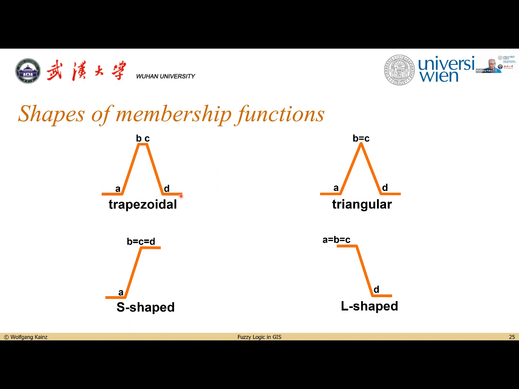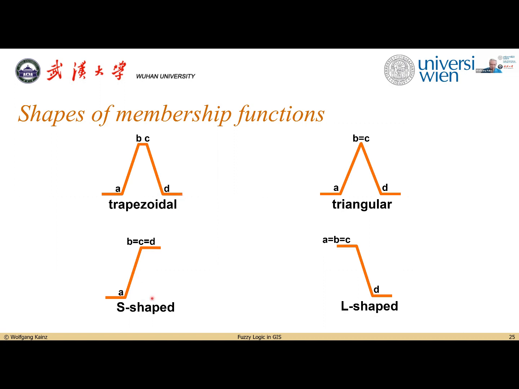So every situation or every model where we have some average or mean value where the membership degree is high, and the further you go away from that mean value in both directions, the less the degree of membership. Such situations can be modeled using a trapezoidal or a triangular membership function.